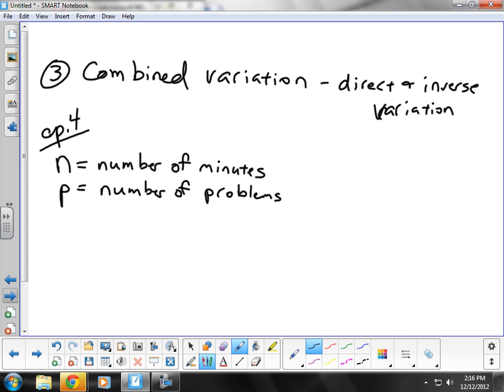And I need a variable for the number of people. So, what do you want? I only want to use one letter. Q. Too late. Number of people working on the problem. Okay.